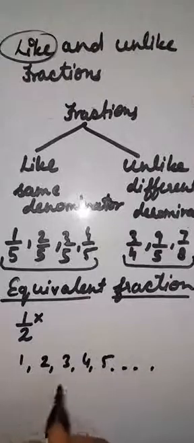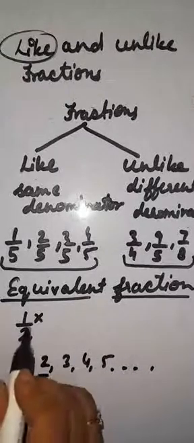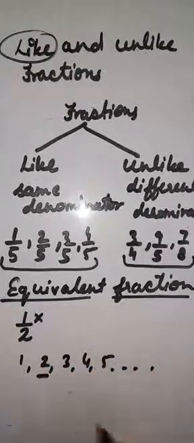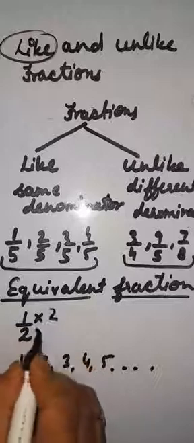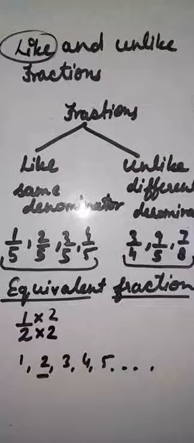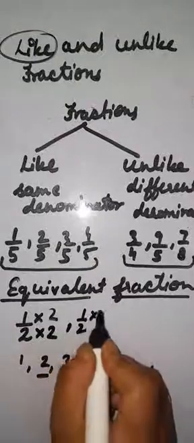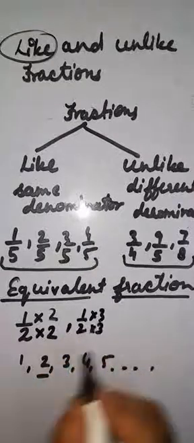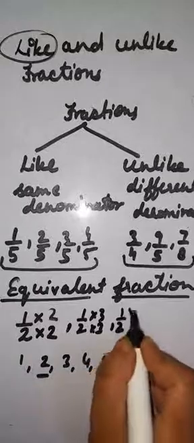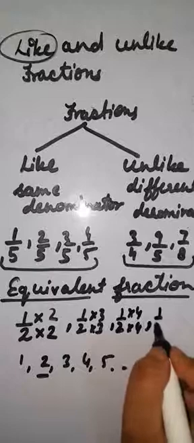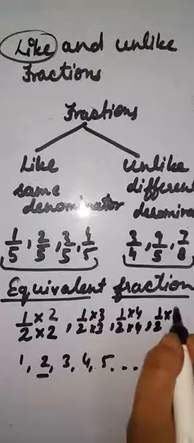But we will start from 2, because if we multiply the fraction by 1, we will have the same number, right? So we will multiply both the denominator and the numerator by 2, and 1 out of 2 multiplied by 3, 1 out of 2 multiplied by 4, and 1 out of 2 multiplied by 5.